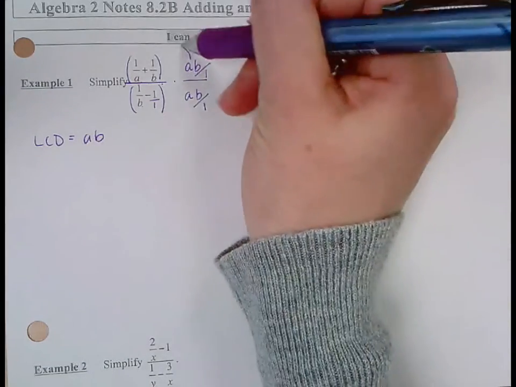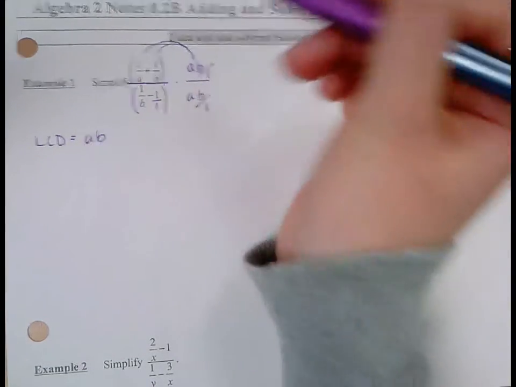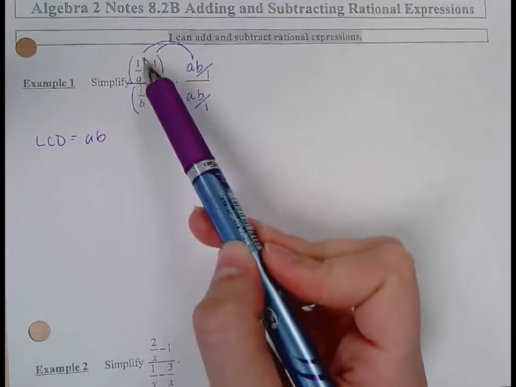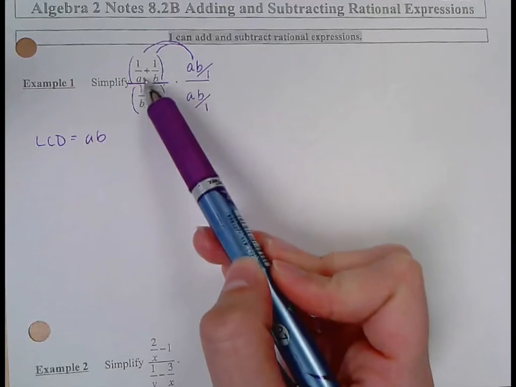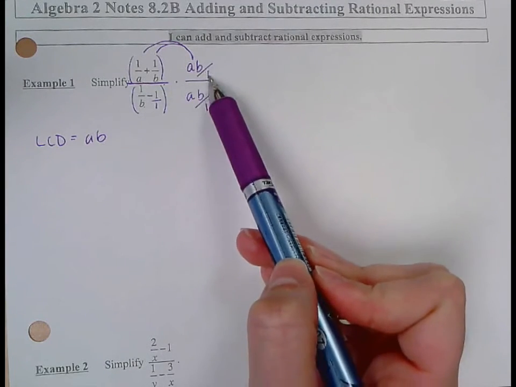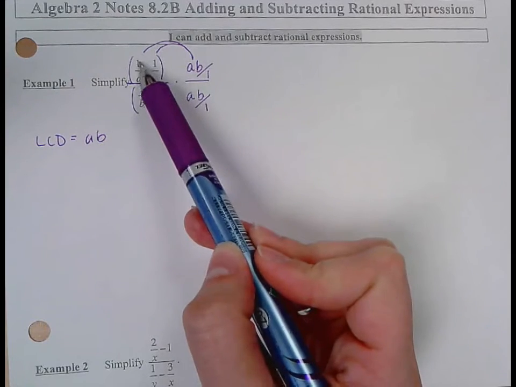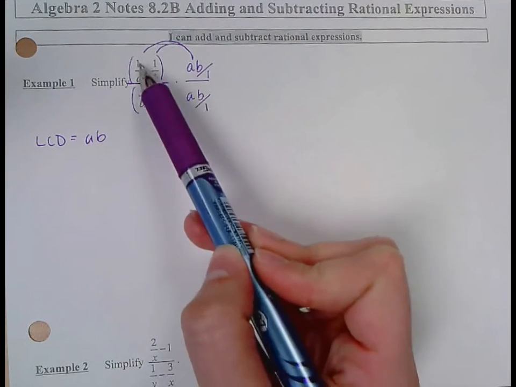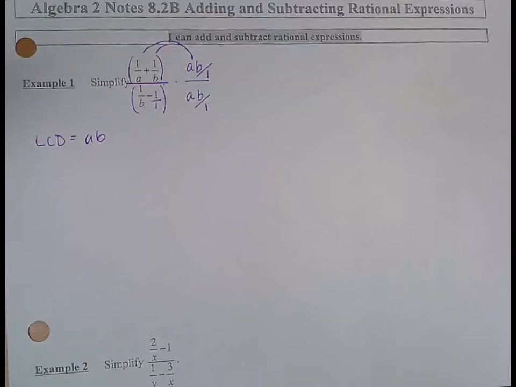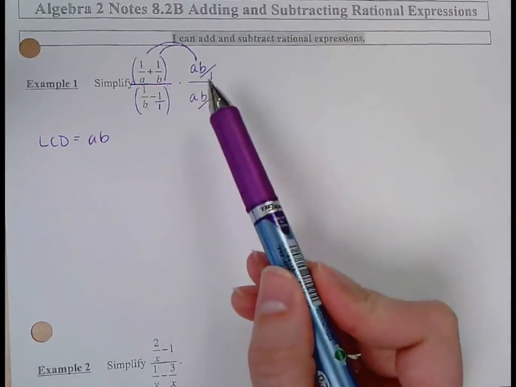So when I distribute this to the 2 fractions on the top, the AB is getting multiplied by the numerators. The denominators are getting multiplied by 1. So I'm not multiplying the smaller fractions, top and bottom, by AB. I'm multiplying by AB over 1.